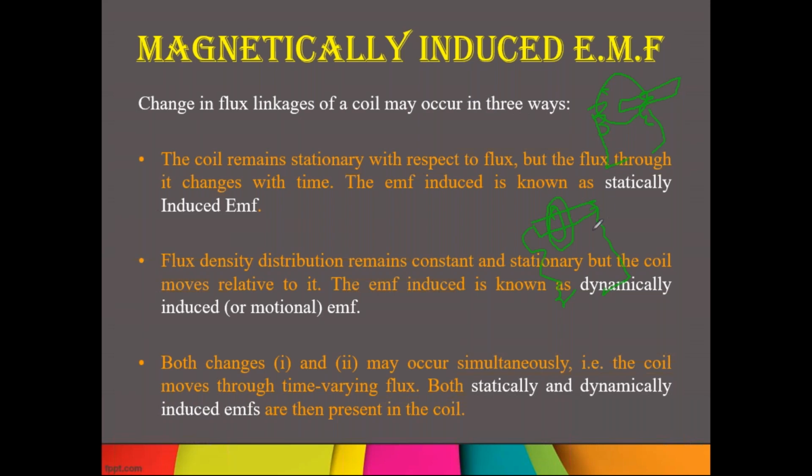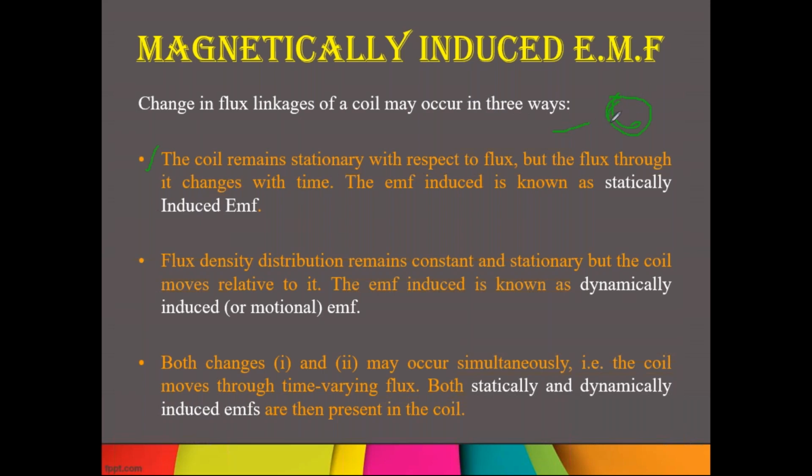Based on the two cases, the flux linkages will change. Let me see how it happens. In the first case, the coil remains stationary with respect to the flux, but the flux through it changes with time.